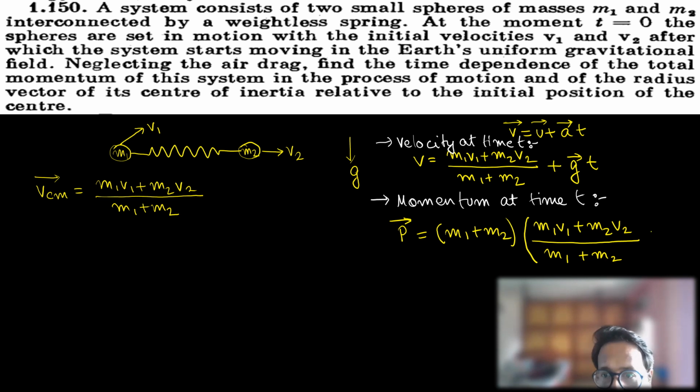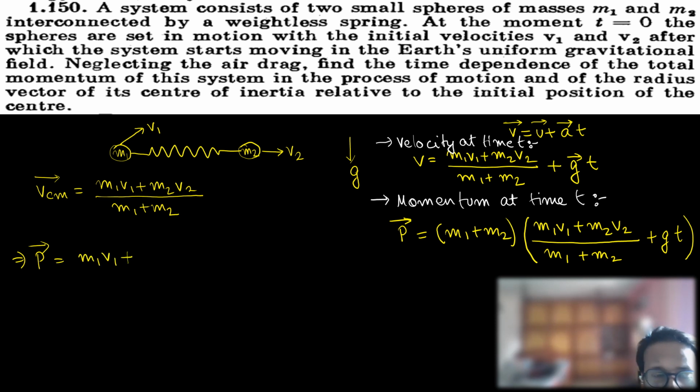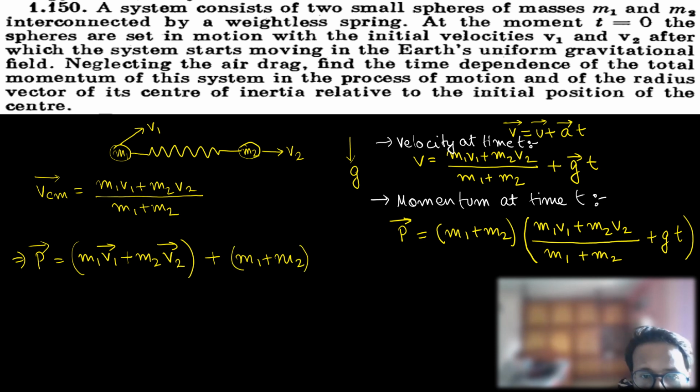Now let me multiply m1 plus m2 with both these factors. So the momentum at time t is equal to m1 v1 plus m2 v2, these are vectors, plus m1 plus m2 into g vector into t. These are vector quantities.